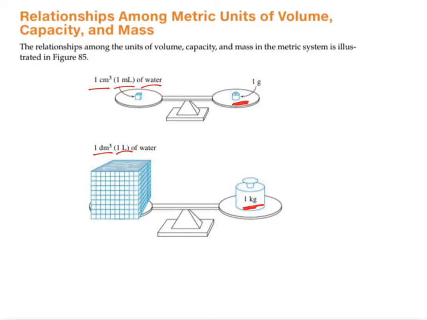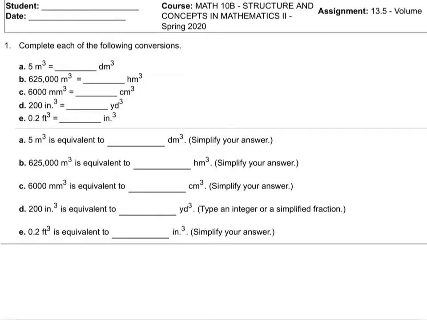That's a connection between volume of water and mass. So there we go. Metric volume, capacity, and mass. All right, to the homework we go.